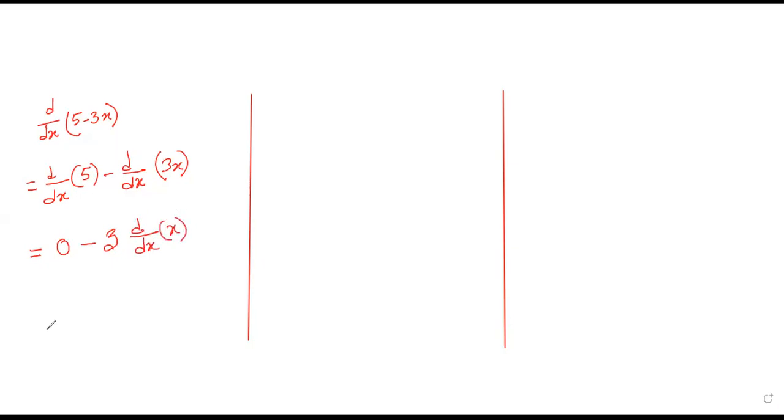We know that d by dx of x is equal to 1, and the differentiation of a constant is 0. So I have written here 0 minus d by dx of 3x. Now minus 3 into 1. D by dx of x is 1. There is no power on the x, so it will be minus 3. This is the answer.